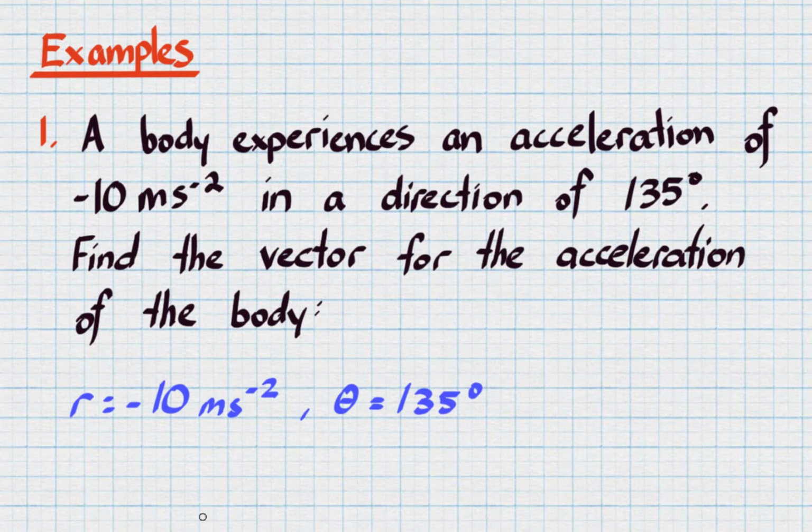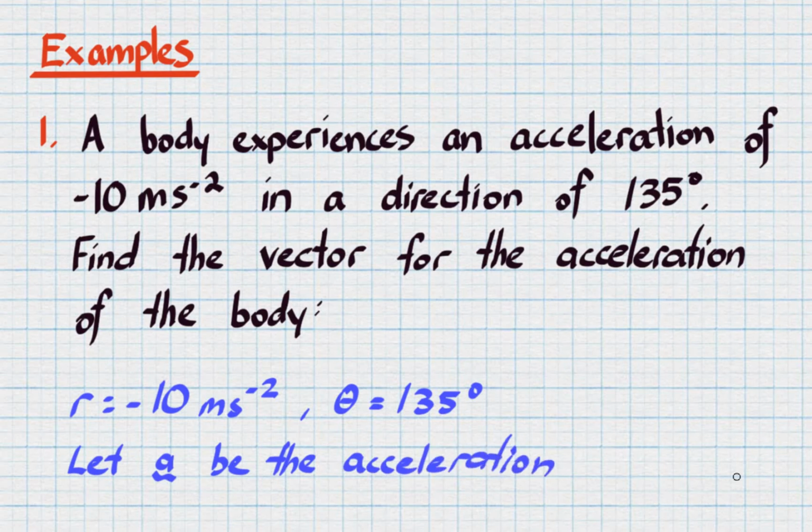Alright, we are after the acceleration vector, so let's call that vector A. And so what we just talked about was that a vector can be described in terms of its magnitude, which we have, and its direction, which we also have.